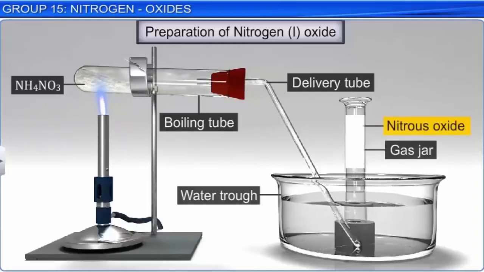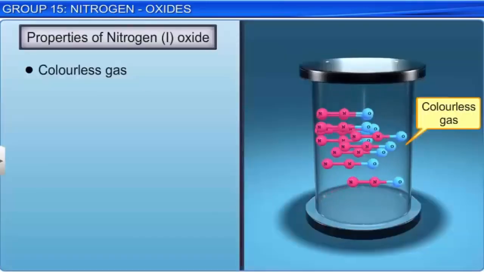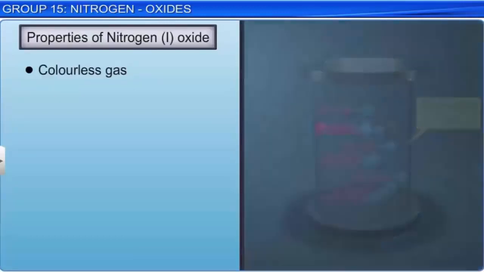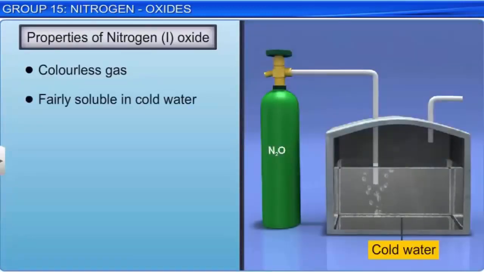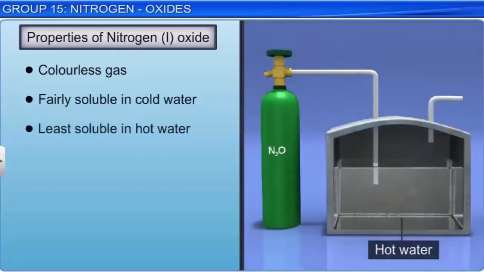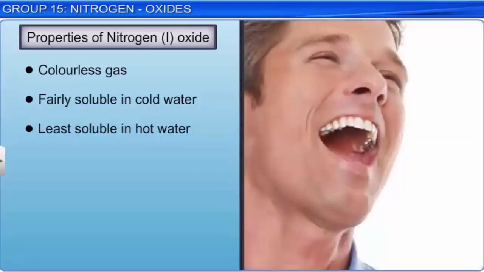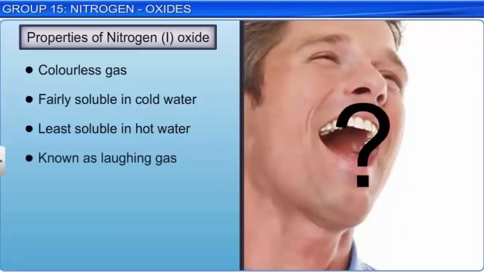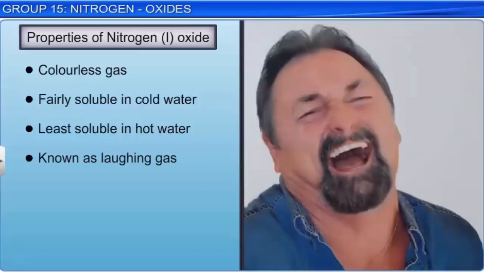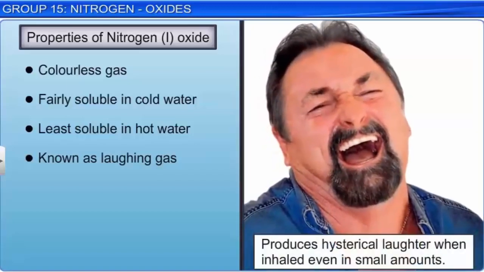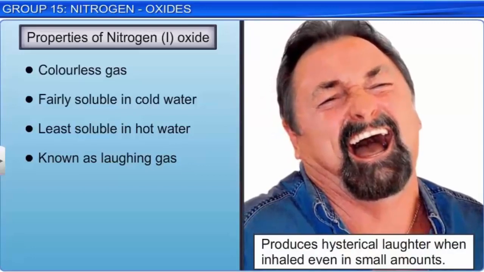Nitrous oxide is a colorless gas that is fairly soluble in cold water and the least soluble in hot water. Nitrous oxide is called laughing gas. Do you know why? This is because it produces hysterical laughter when inhaled, even in small amounts.